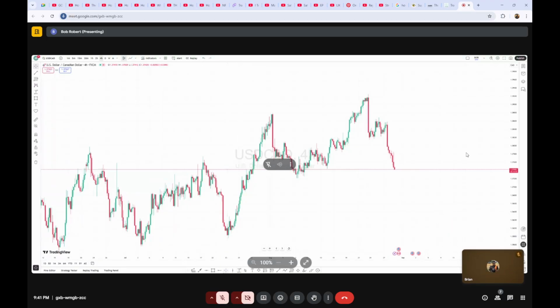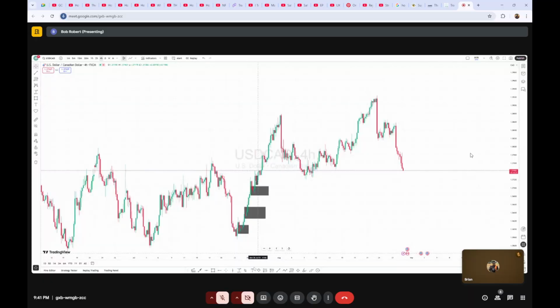You can see we have a number of demand zones around this zone here. So as a trader, how do you get to know the ones to choose, the ones not to choose, the ones to avoid?